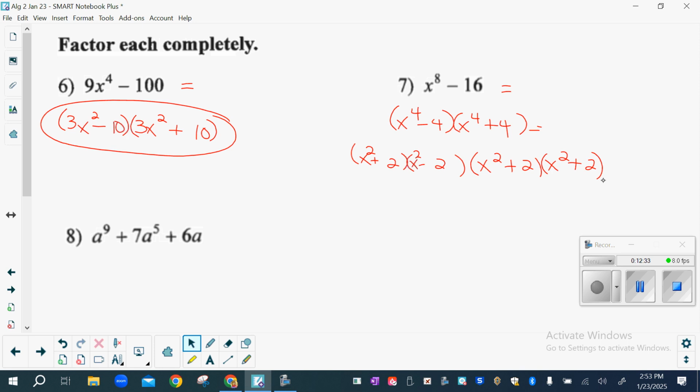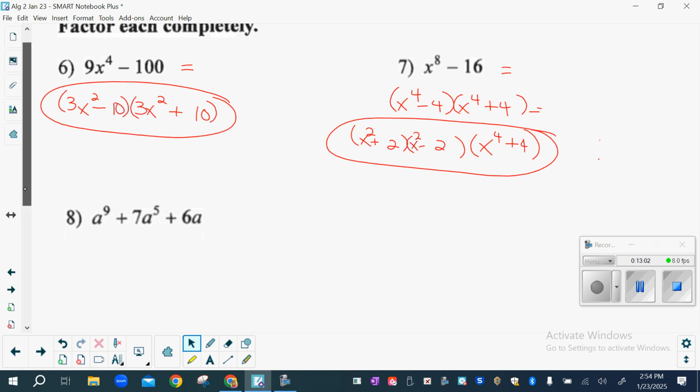However, over here, I get x to the 4th plus 2x squared plus another 2x squared plus 4. Does that get me back to x to the 4th plus 4? It doesn't. So that's why that one does not factor. It has to be x to the 4th plus 4. That's our answer there.